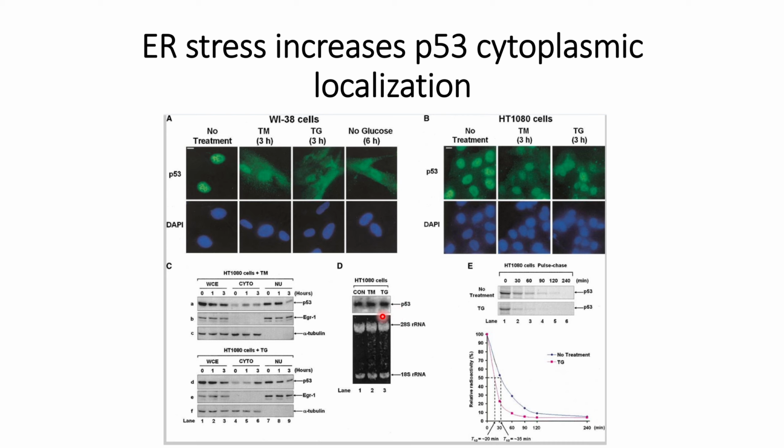They find that there is not much change in the mRNA content of p53, and this is validated with the 28S RNA and 18S RNA. So this shows that ER stress does not affect mRNA stability.